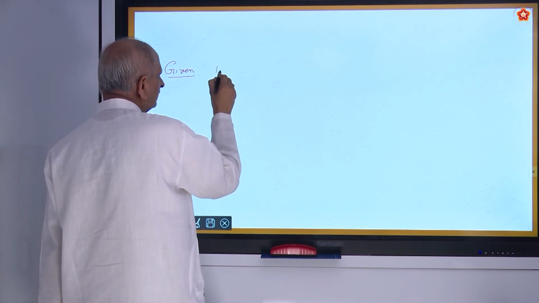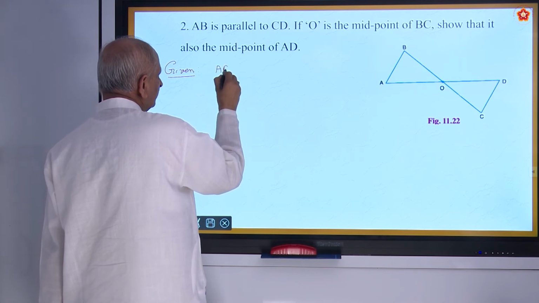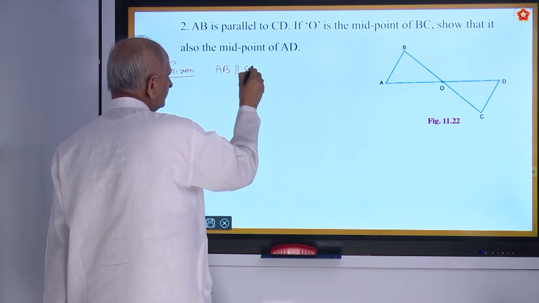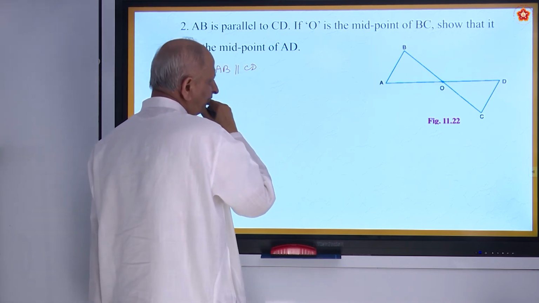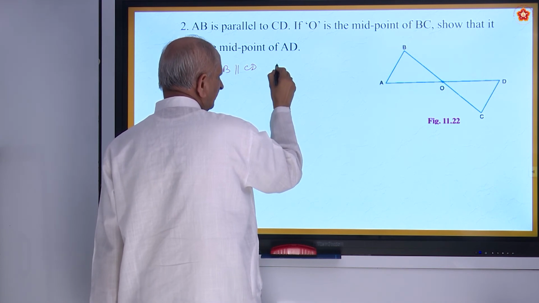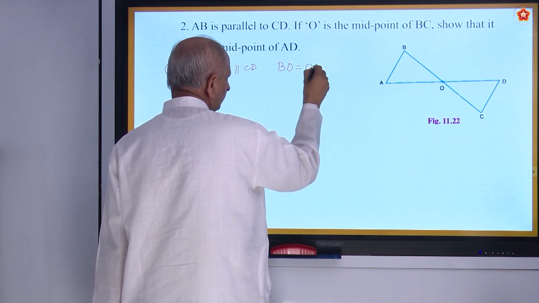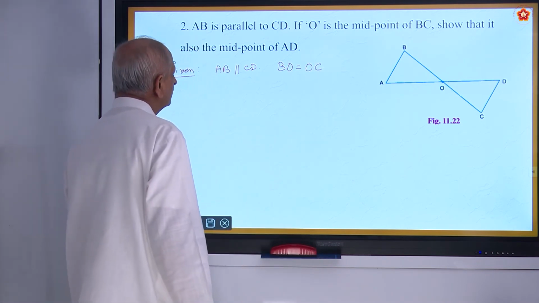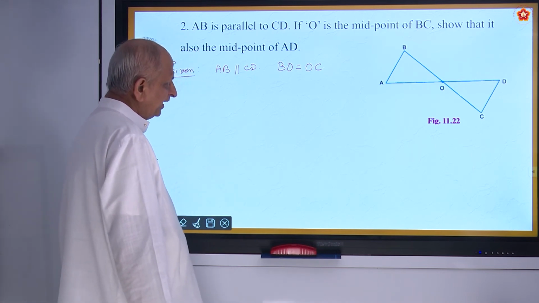AB is parallel to CD. O is the midpoint of BC. O is the midpoint means what? BO is equal to OC. Show that O is the midpoint of AD also.